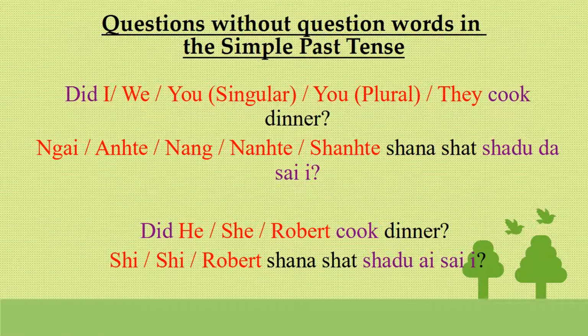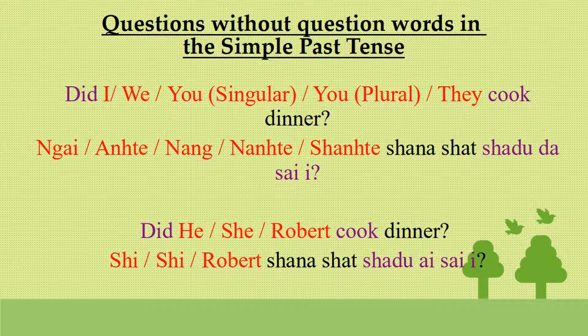Here you see the questions without question words in the simple past tense. In English, the auxiliary verb or the helping verb did is in the first position of the sentence. For example, did I cook dinner?